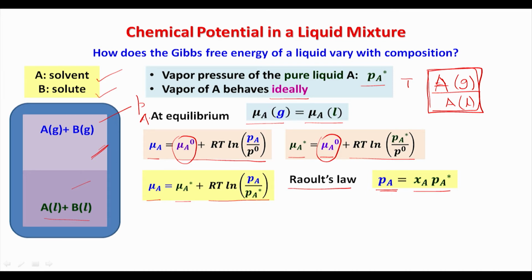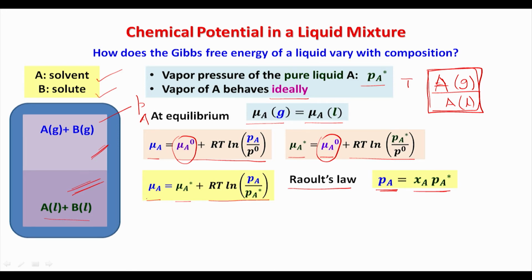And Raoult's law tells me that PA must be equal to XA into PA star, where XA is the mole fraction of the component A in the liquid phase.